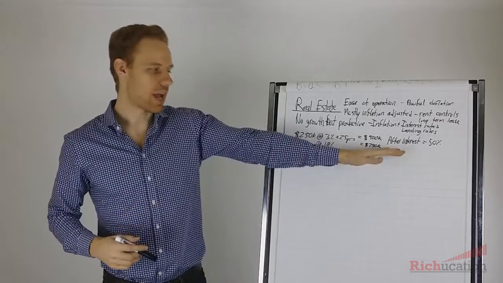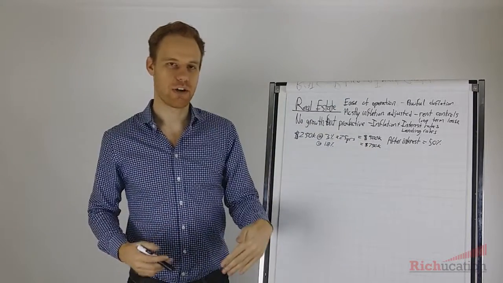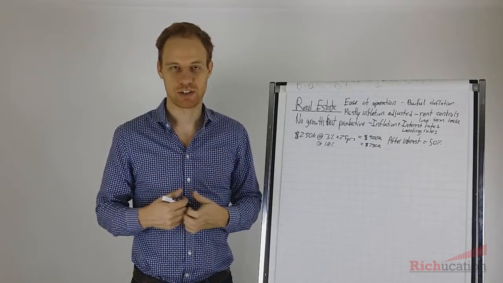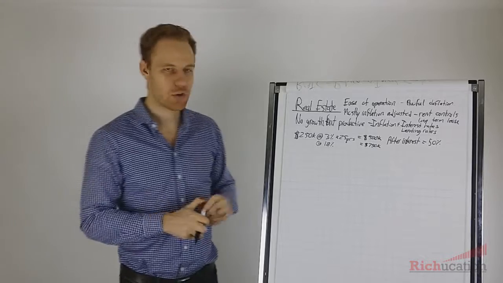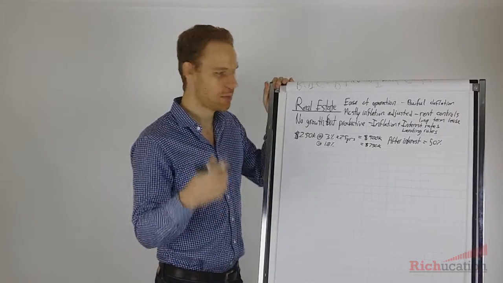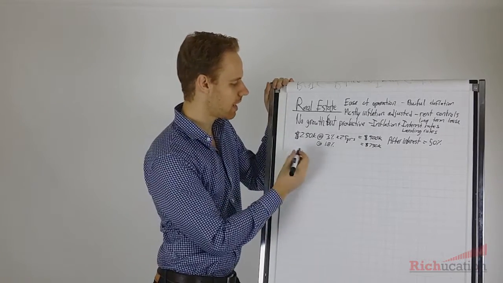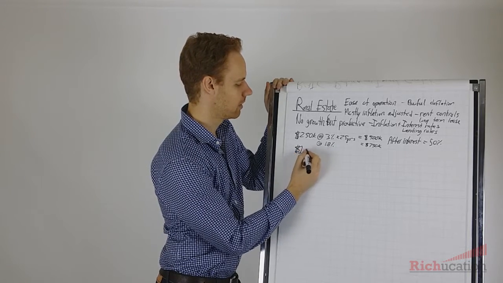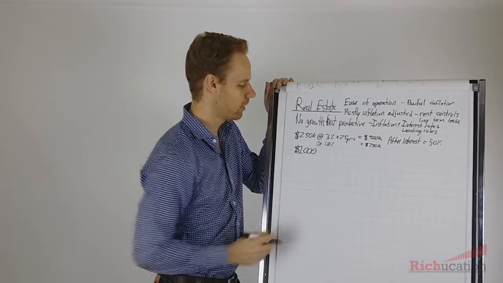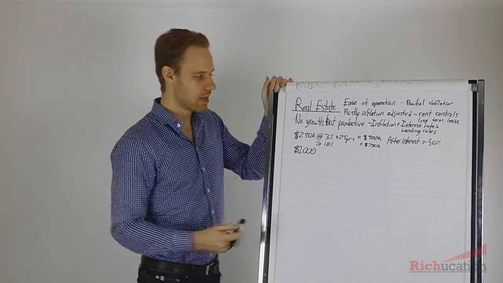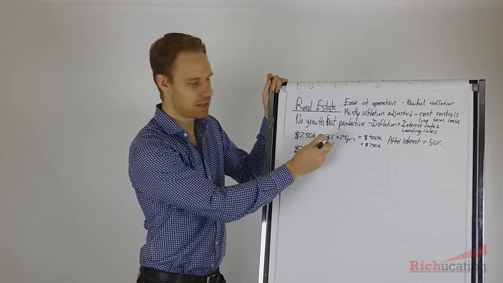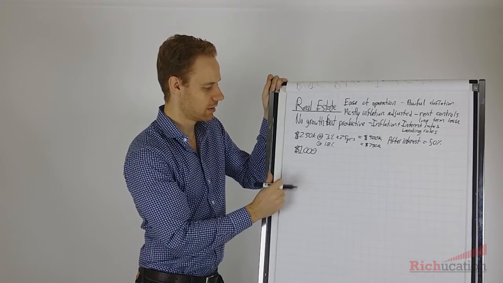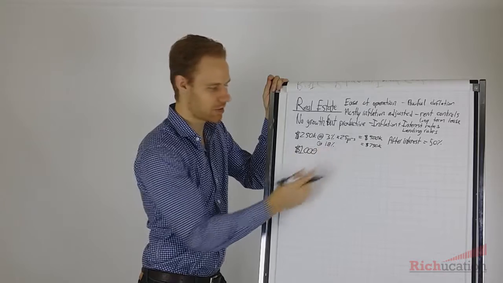And why does this happen? Why do falling interest rates drive up prices? Because a person's payment goes down. People don't pay for a house outright. They pay for a payment, right? So let's say that I have $1,000 a month to spend. That's my budget. Well, if at 3% that allows me to buy a $250,000 house, great, it's $250,000.